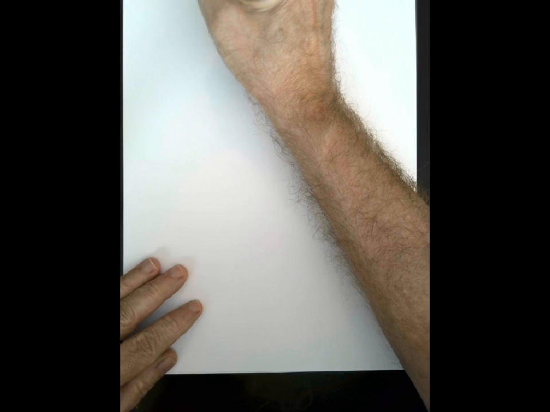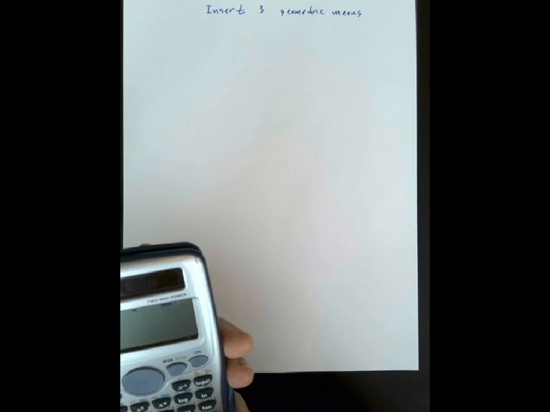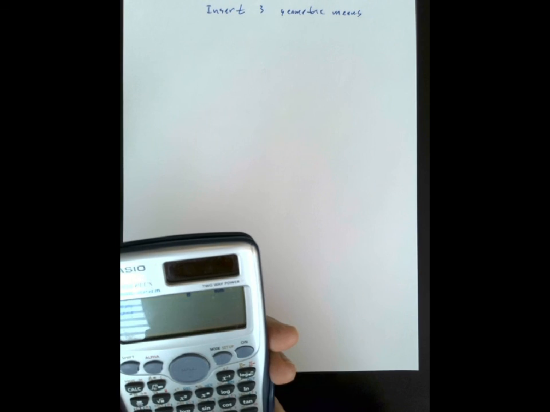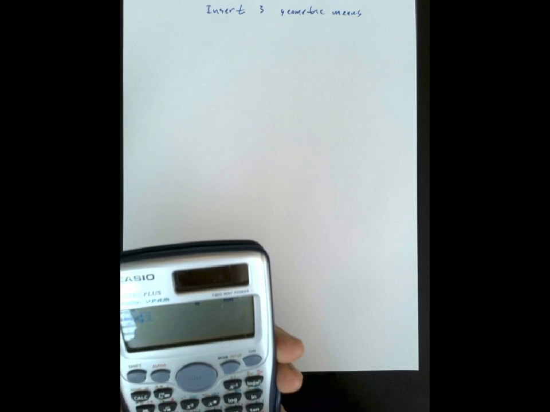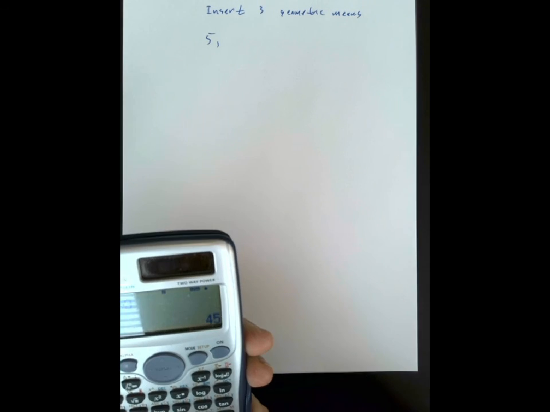So how about this one? How about you insert 3 geometric means between these numbers here, between 5 and 135.